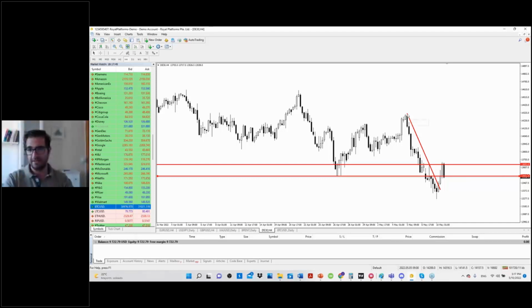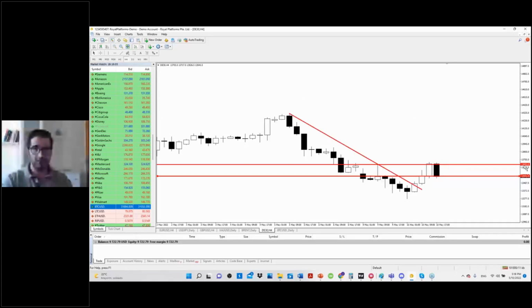So if we see a breakout and close above the swing high, which is 1369, I guess 13,693, then we will see the market moving to the upside. Okay, so this is the direction.